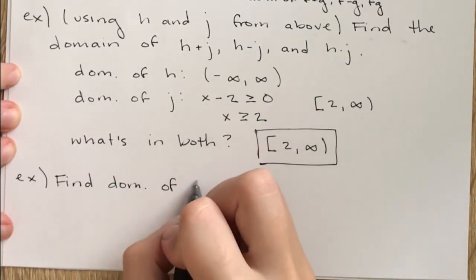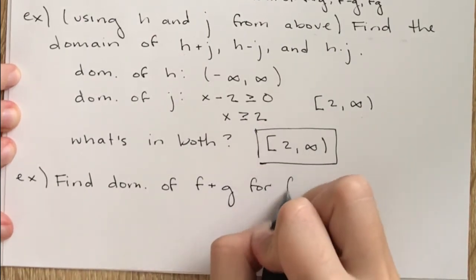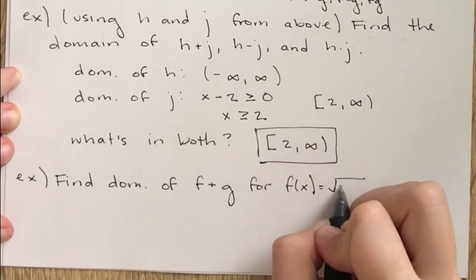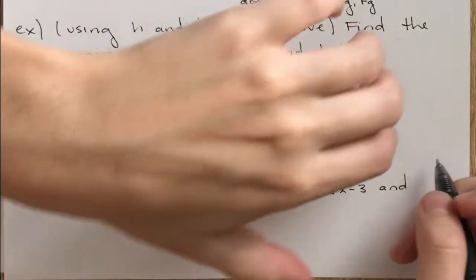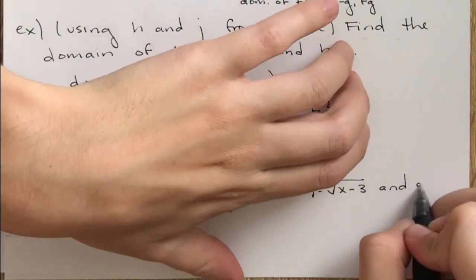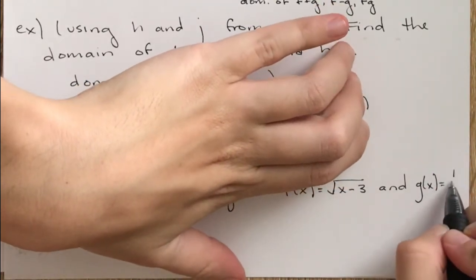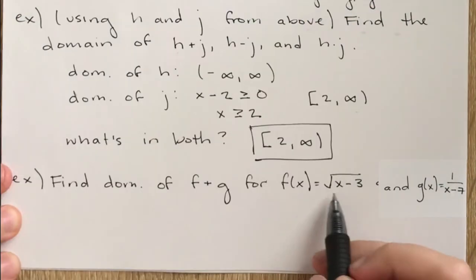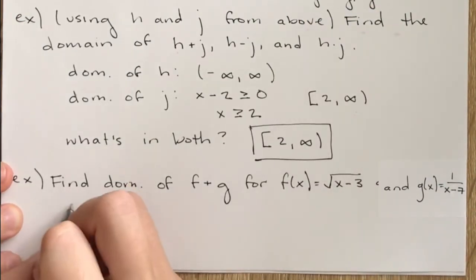Finding the domain of f plus g for f of x equals square root of x minus 3 and g of x, which is 1 over x minus 7. We need to find the domain of f and the domain of g and figure out what's in both.